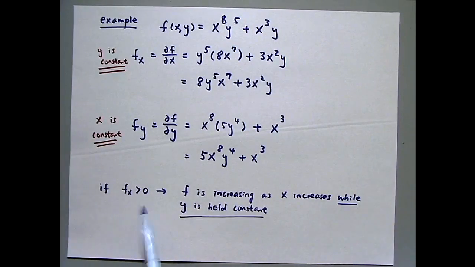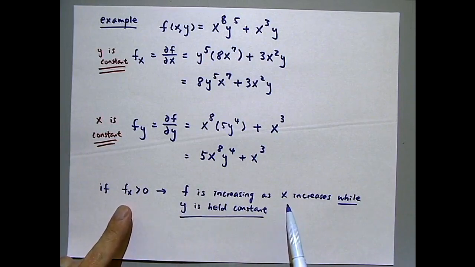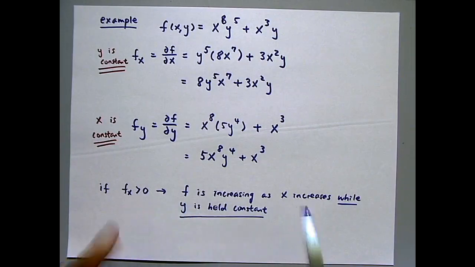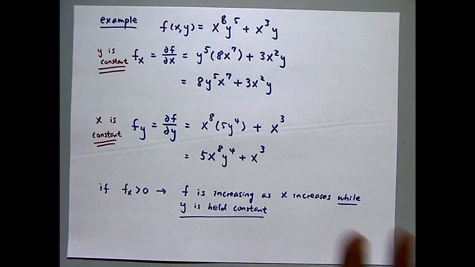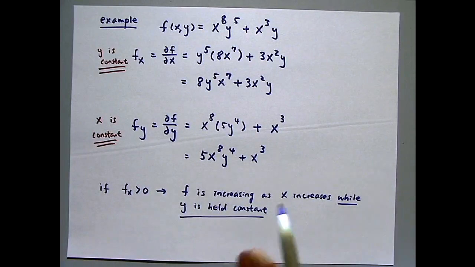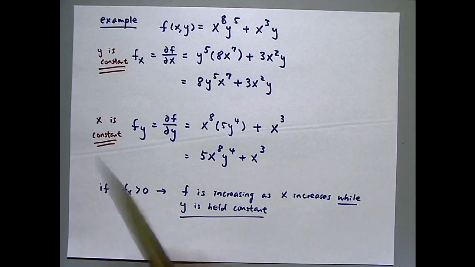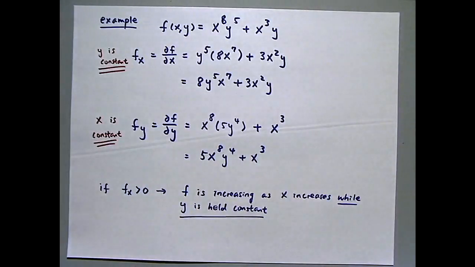Positive rate of change is increasing, as you all know. And the x down here tells you what is changing. Positive means increasing as x is increasing, while y is held constant. And you know the same thing for negative, 0, and all that. And f_y, same idea. This time you hold x constant, allowing y to change.